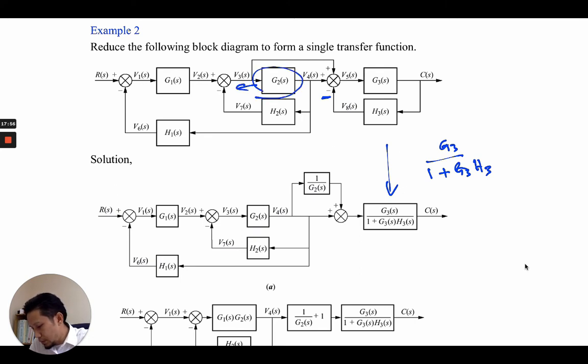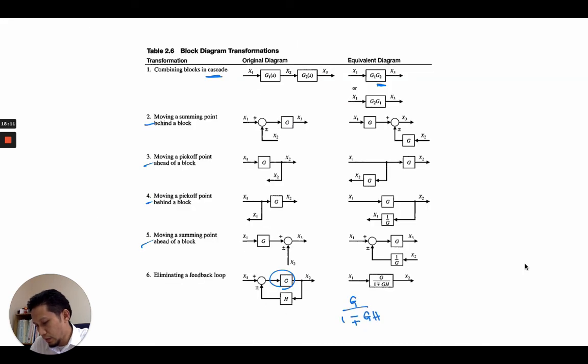So we can refer to table 2.6. So in this case, behind the block diagrams, so we are moving this. Okay, so it is number 4.